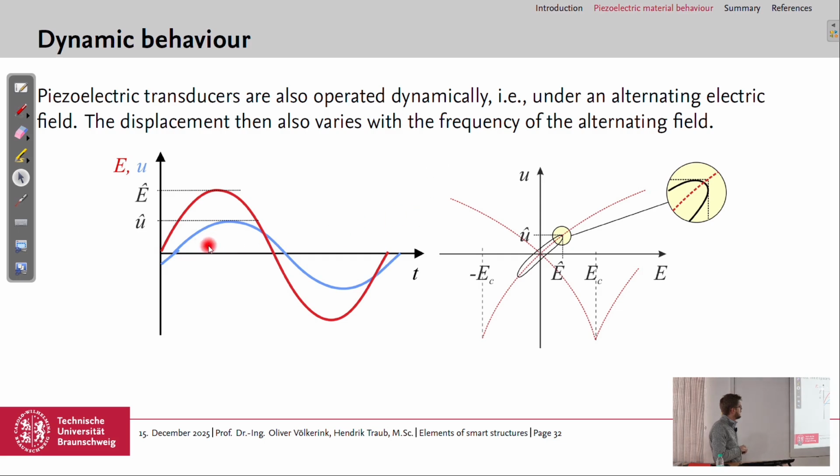And if we look at this, we would have here the electric field in a sine, and then the displacement of the piezoceramic, which follows with some delay also in the sine curve. This is what we saw yesterday on the picoscope, and I think we will also see in the lab.